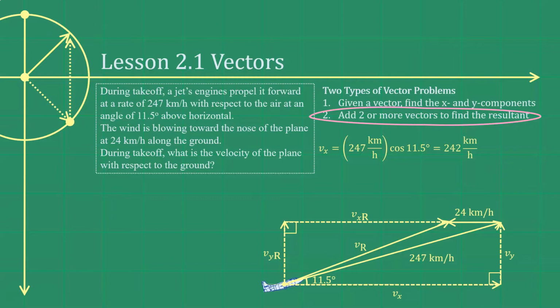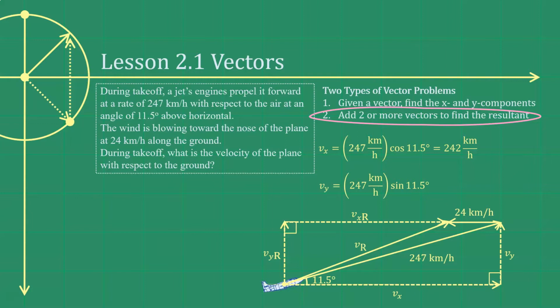Now let's just consider, that's only 5 kilometers per hour shorter than my other vector of 247. Could that be right? Are these two vectors going to be almost the same length? Well, 11.5 is not a very steep angle. So I would expect that my adjacent side is going to be very long and my opposite side is going to be very short.